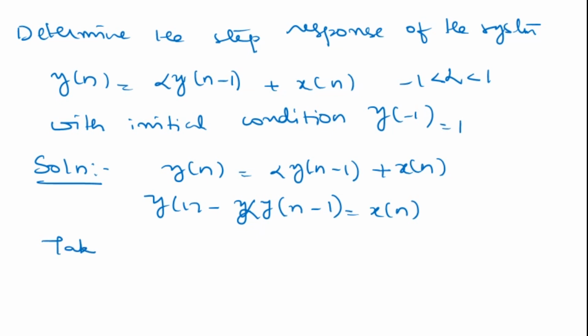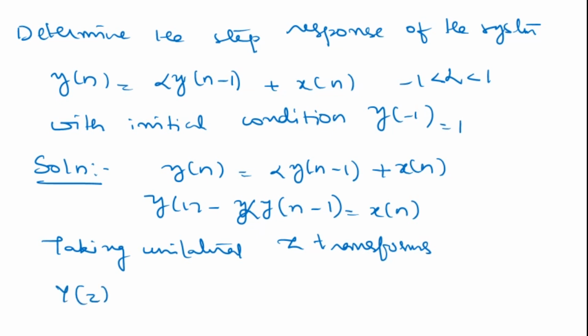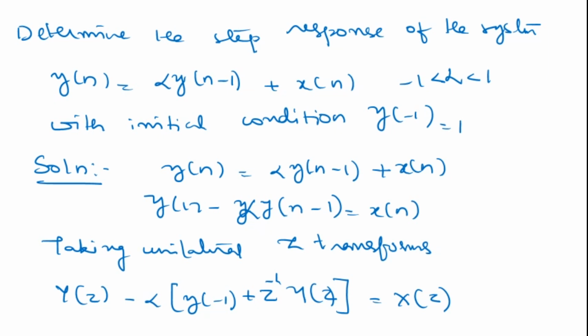Now, taking unilateral Z transform on both sides of above equation, we get y of z minus alpha into y of minus 1 plus z inverse into y of z is equal to x of z. And we have y of minus 1 is equal to 1 and x of n is equal to u of n.